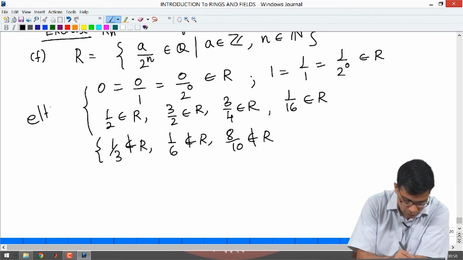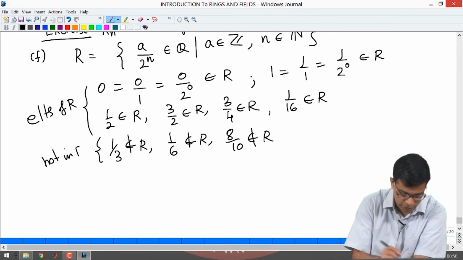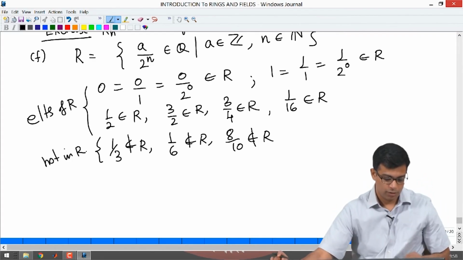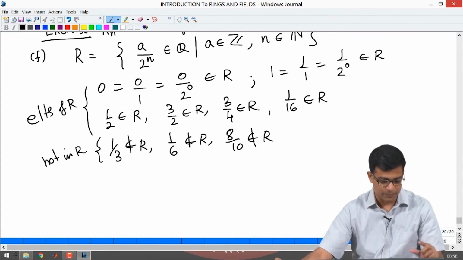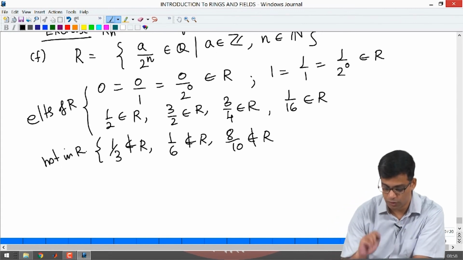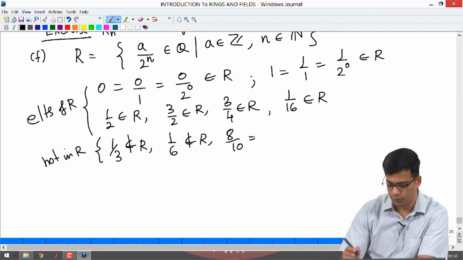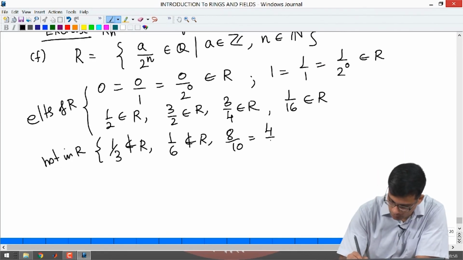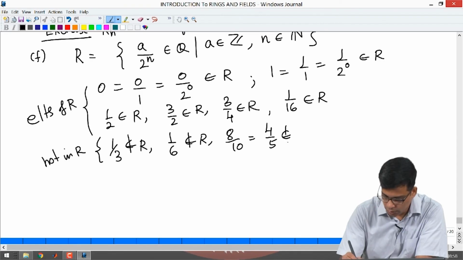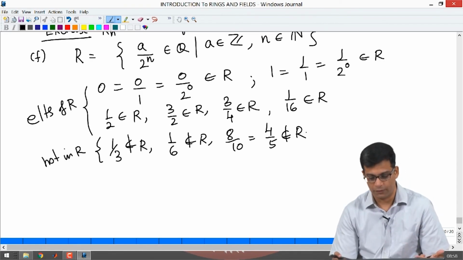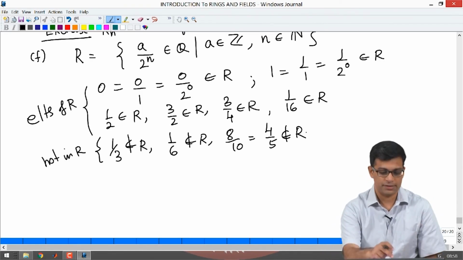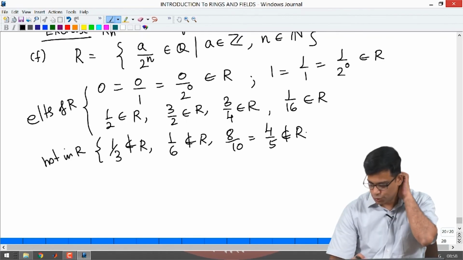So, these are elements of R, these are not in R. So, again the test is very clear. To be in R, in the simplest form. Of course, again I have to simplify. So, 8 by 10, let us cancel the common factors here. So, you had 4 by 5, right. After you cancel the common factors, the denominator of what remains should be a power of 2.